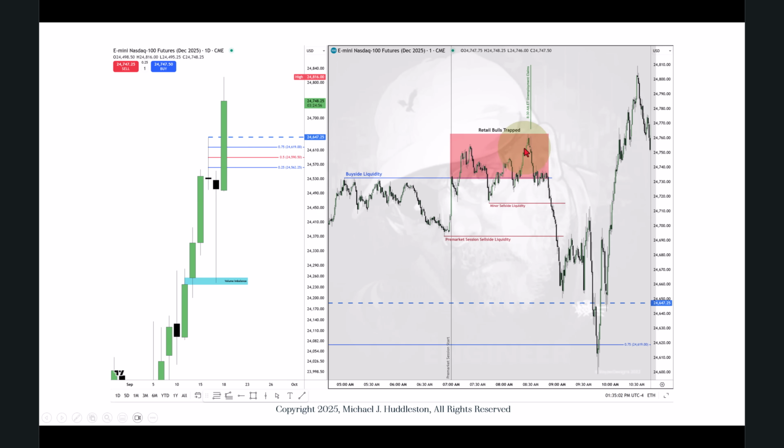So when price ran above this high here, I was really interested in seeing that as a short. Why?